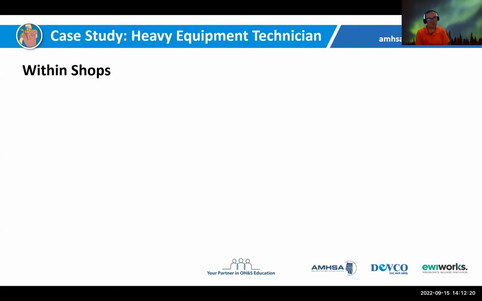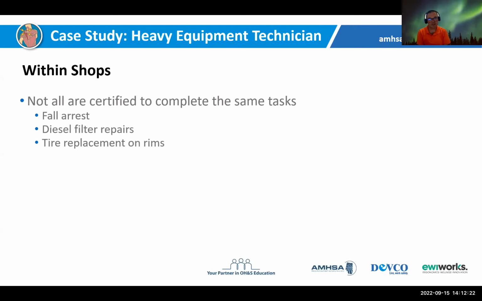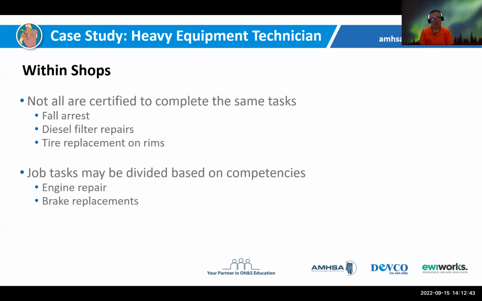Even within shops, there were some interesting differences. So not all of the technicians, for example, would be certified to complete the same tasks. Some didn't have fall arrest, some had to be certified for diesel filter repairs. And if they were doing tire work, you have to have a special certification or training to do tire replacement on rims. And some of these heavy equipment pieces have pretty big tires. The job tasks are also often broken up based on competencies.